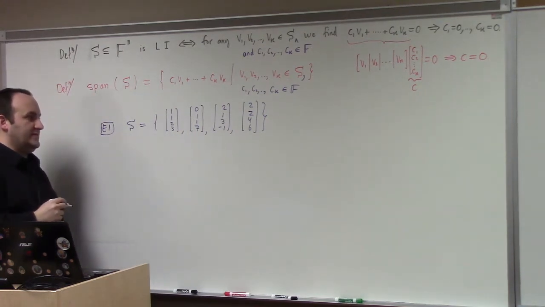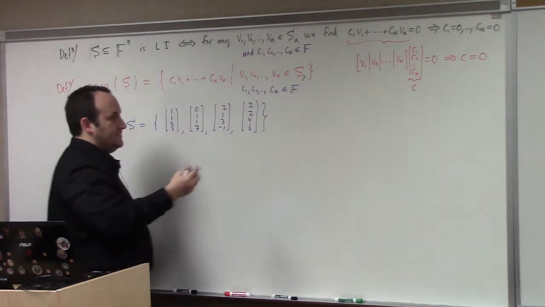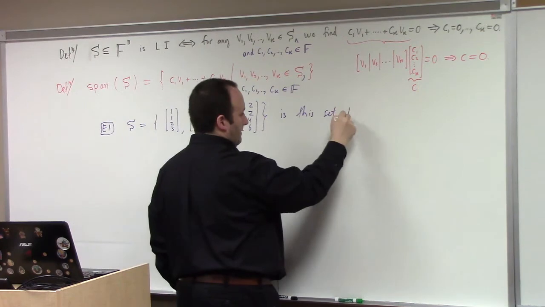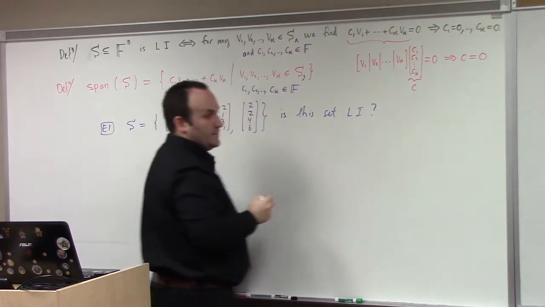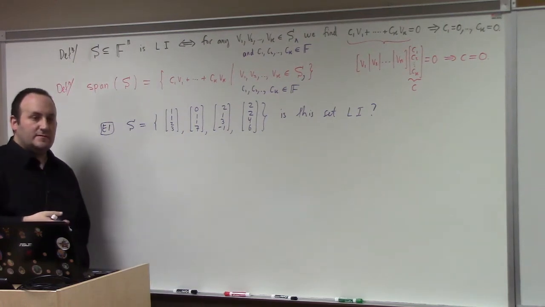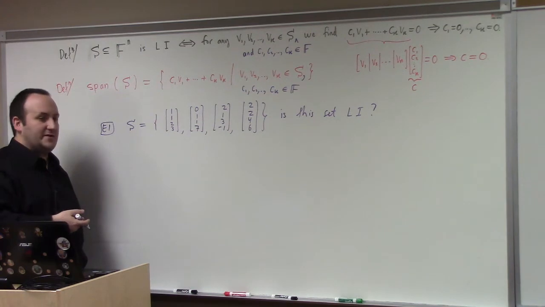Is this set linearly independent or is it linearly dependent? If it is linearly dependent, exhibit linear dependencies, if you will, which are found here. Okay?